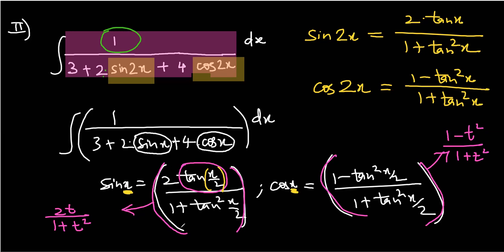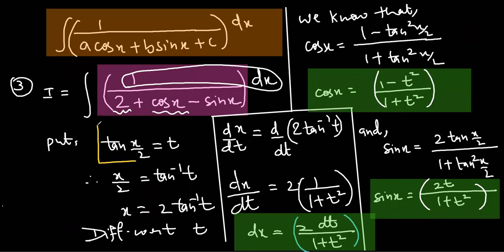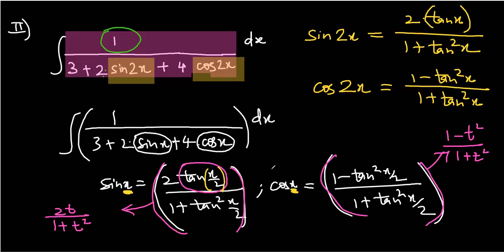So since I'm getting sine 2x and cos 2x in terms of tan of x, what would the substitution be? Earlier the substitution was tan x by 2 as t, when you had cos x and sine x and the angle was x. Here you will put tan of x as t.